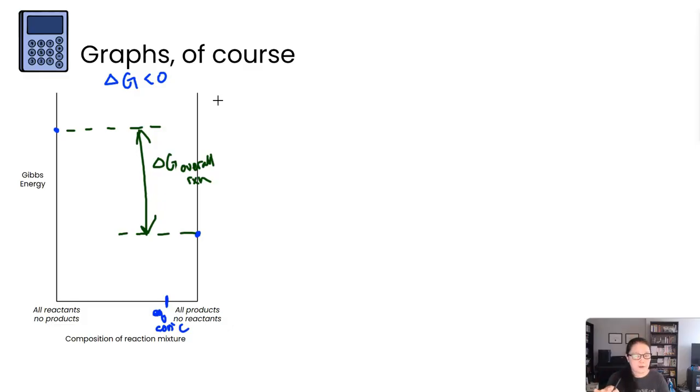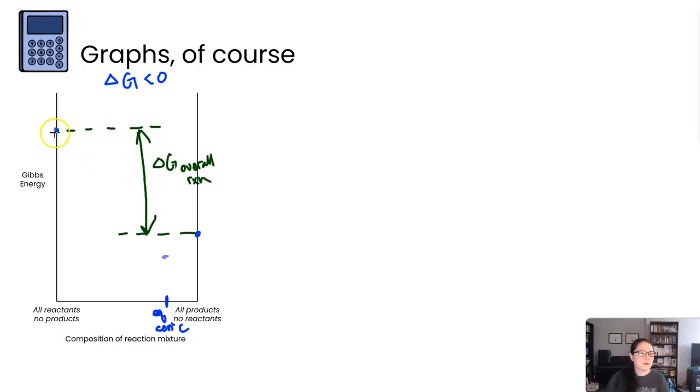So based on that, when your system is at equilibrium, that is when the system is at its lowest amount of Gibbs energy. So that means that when we are at our equilibrium concentrations, the Gibbs energy for this system is going to be at its lowest.